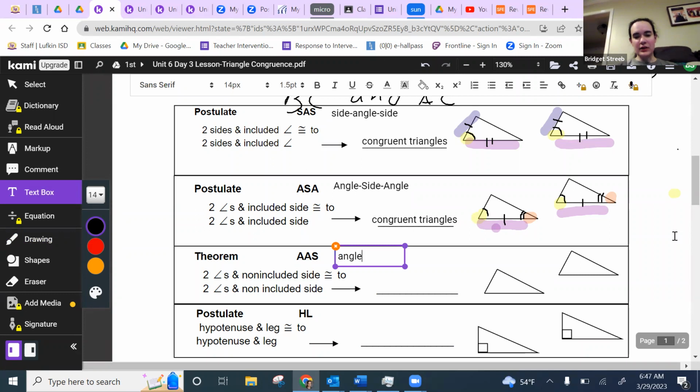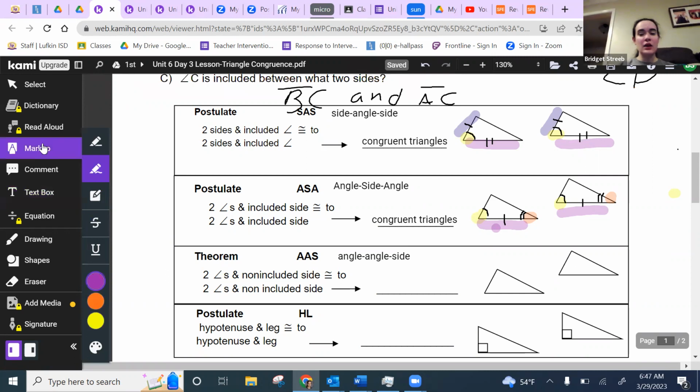Then we have angle, angle, side. So again, we have two angles and one side, but this side is not included between the two angles. So it looks a little bit different. So you'd have one set of angles, a second set of angles, and the side that's not being made by those two angles.